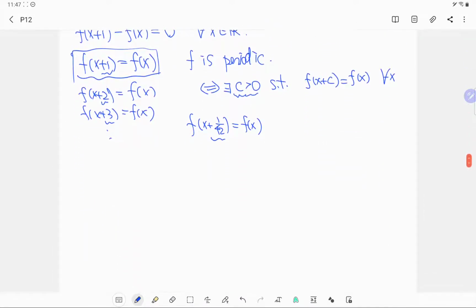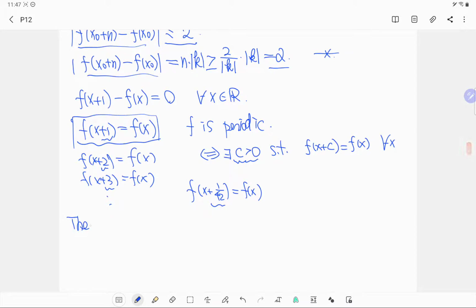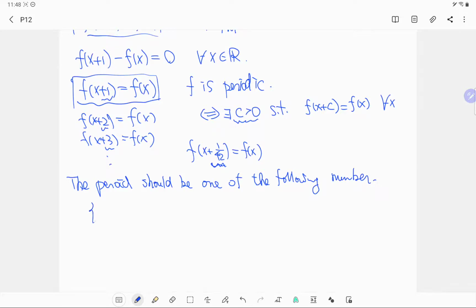condition. So we can say that the period, although it is not required by this problem, should be one of the following numbers, which means it is an integer fraction of 1 or an integer multiple of 1 over 42, which is 1, 1/2, 1/3, 1/6, 1/7, 1/14, 1/21, 1/42.